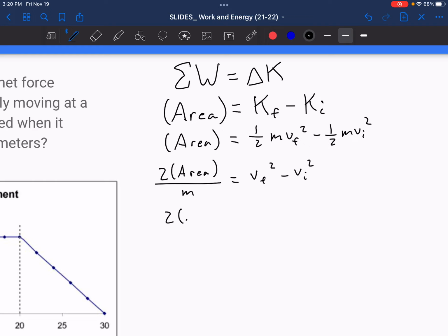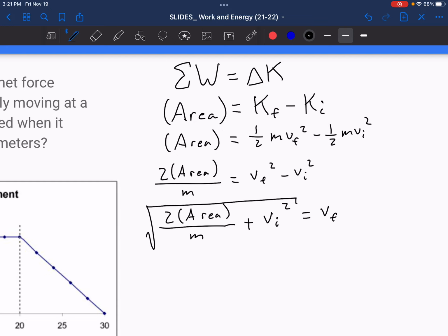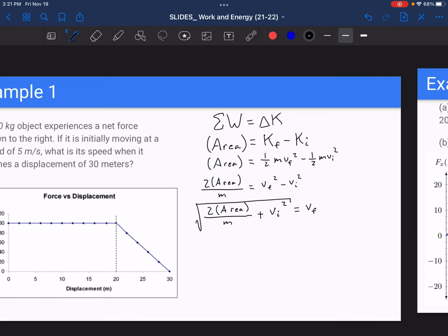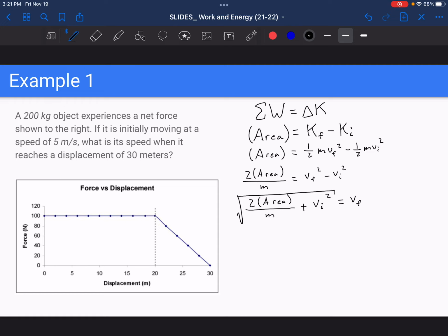So 2 times area over m, we add Vi squared to this side, is equal to Vf squared. And then we can square root both sides. We get something that looks like this. I hope I didn't make any mistakes. 2 times area over m.